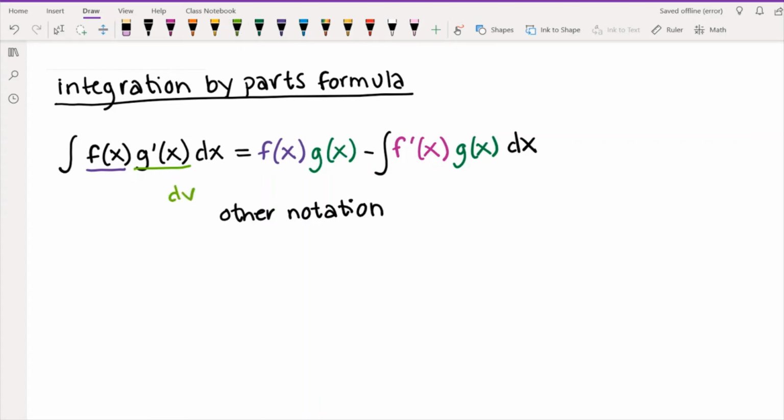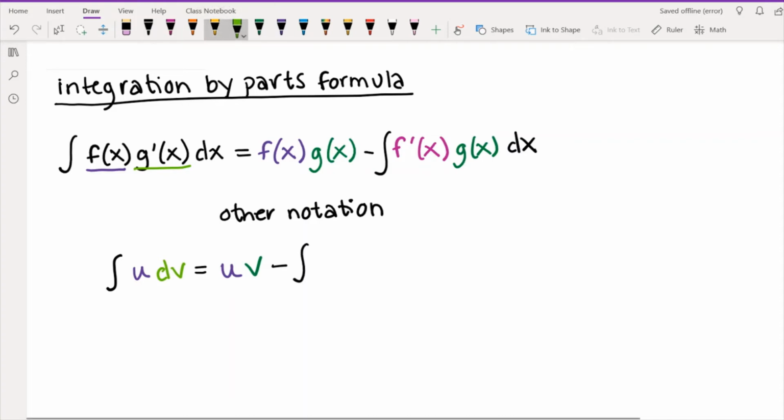So let me write that out separately. So this would be the integral of u times dv is equal to, so now we would say u times v minus the integral of v du.